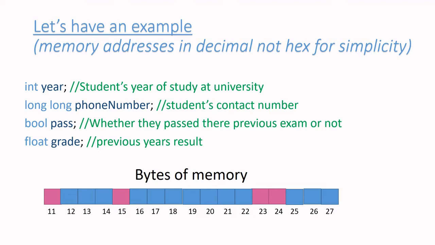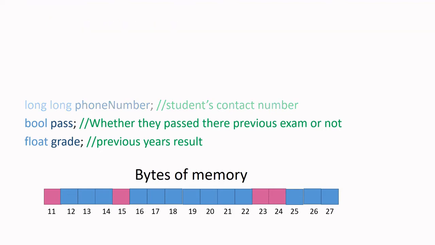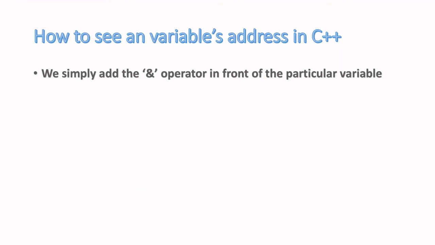Now C++ has a special syntax for getting the address of any variable. To get the variable's address, all we have to do is use the AND operator. So we place the AND operator in front of the variable that we want to get the address of.